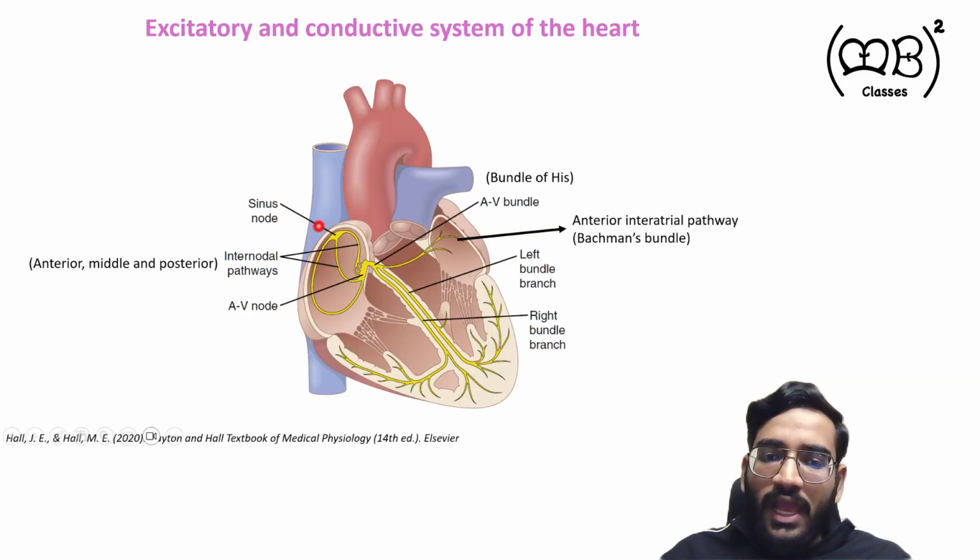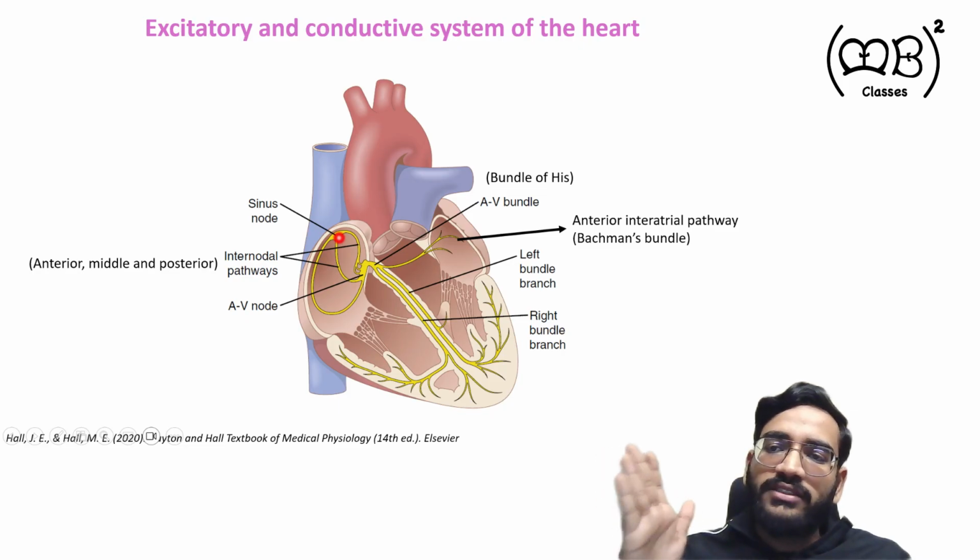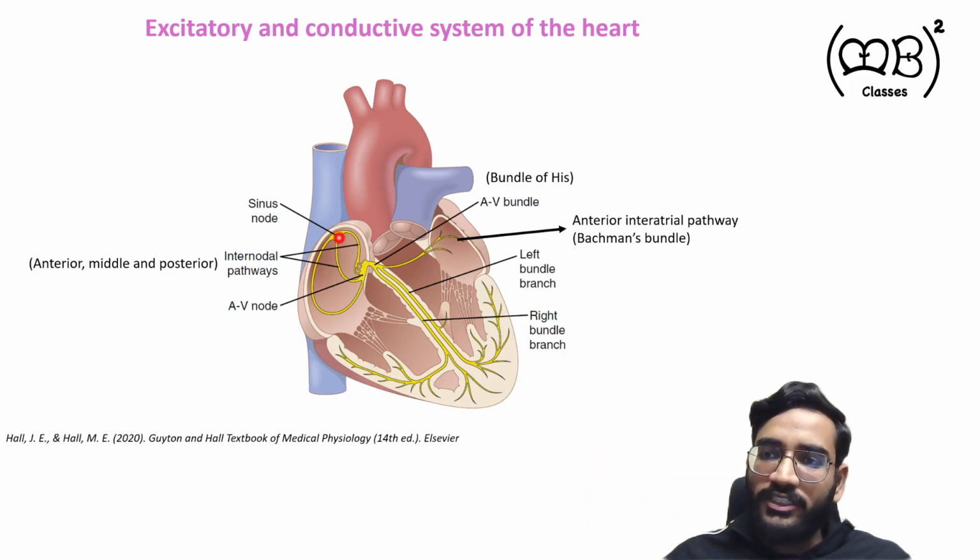So whenever the SA node is rhythmically discharging about 70 to 80 beats per minute, the action potential which is generated here, that impulse will travel via the internodal pathway in the anterior wall of the right atrium, the lateral wall, and the posterior wall, and they are known as anterior, middle, and posterior internodal pathways.